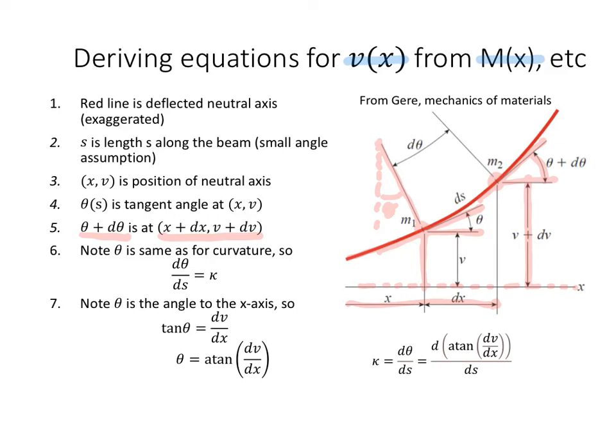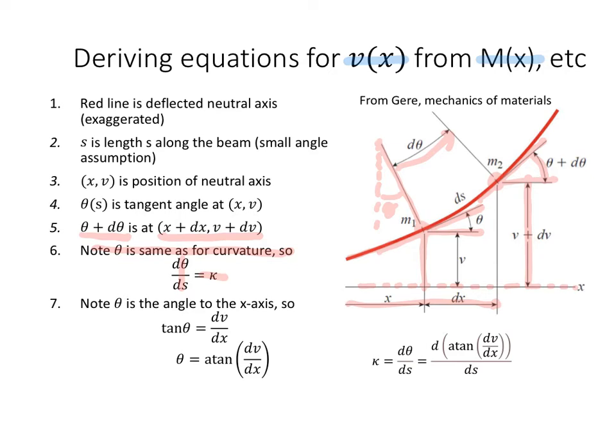It's worth noting that this theta is the same as the theta for curvature. So this change in angle is the same as kappa as we move across here. That reflects the curvature, the rate of the change of the tangent angle with s. Also, note that theta here is the angle to the x-axis.